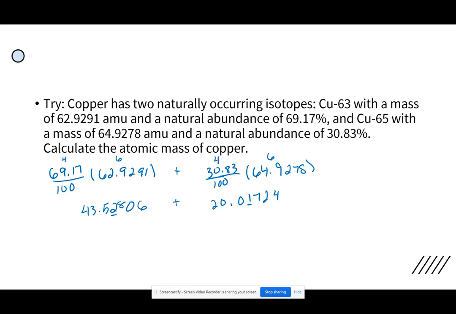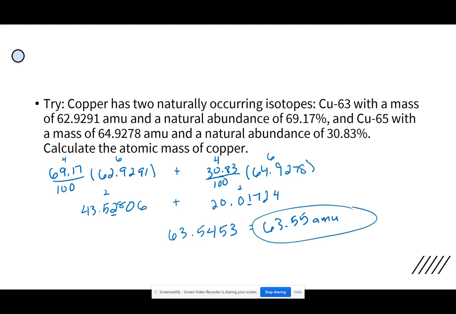I'm going to add those together, and I'm going to get 63.5453. Now the rule has changed, right, to addition, which is decimal places. So I'm going to look and see, okay, I got 2 decimal places there. I got 2 decimal places there. So I'm going to round this to 2 decimal places, 63.55. And again, unit is atomic mass unit.